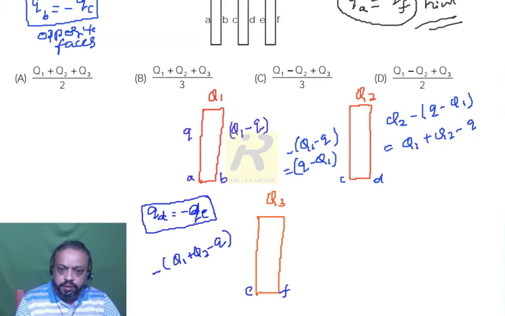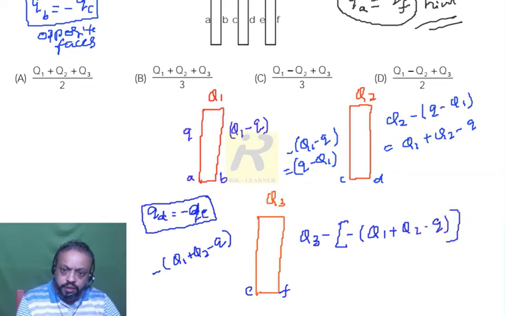Then what do you expect on this side? What amount of charge is existing on this side? It must be Q3 minus, inside bracket, Q1 plus Q2 minus Q. You should be careful when you are writing this one.